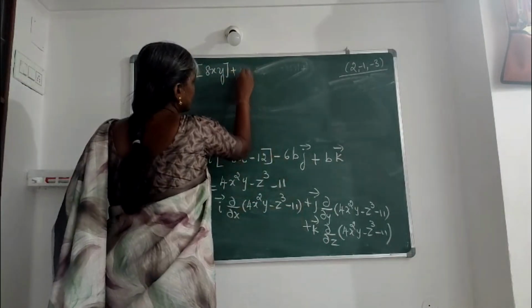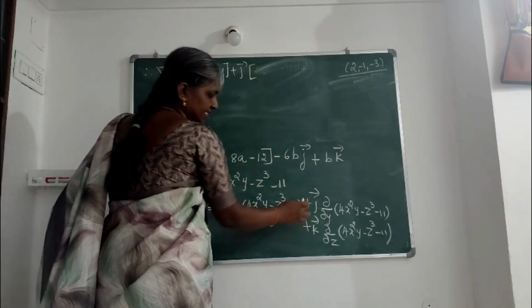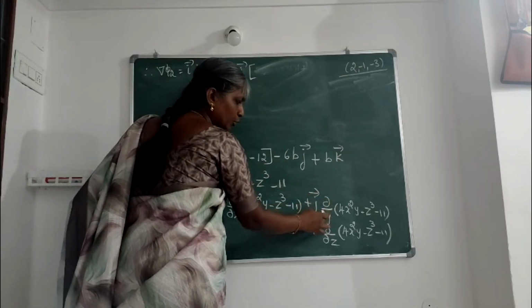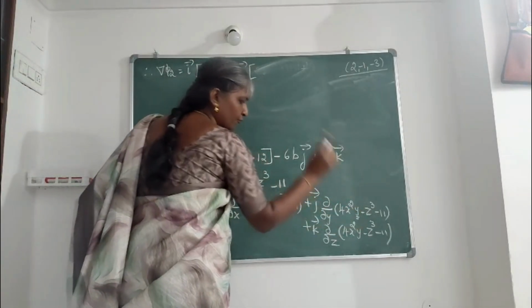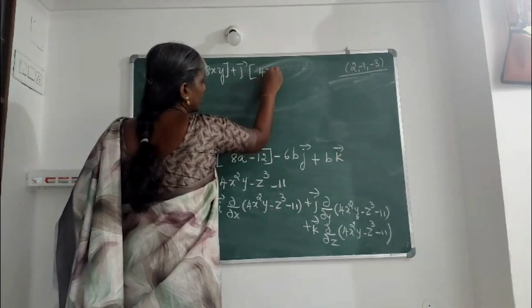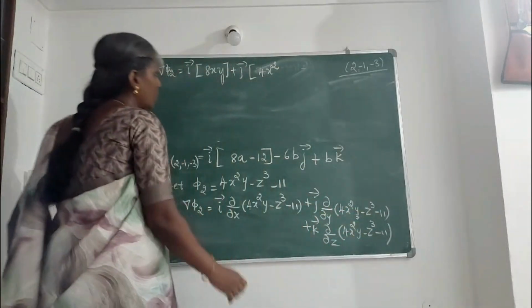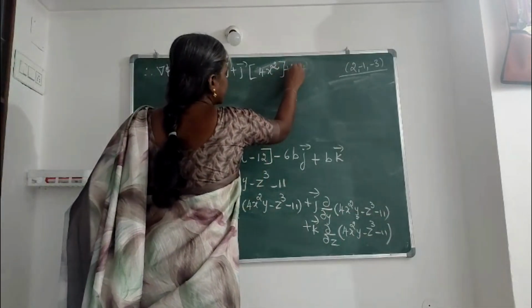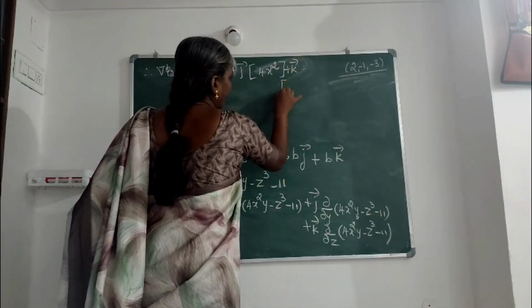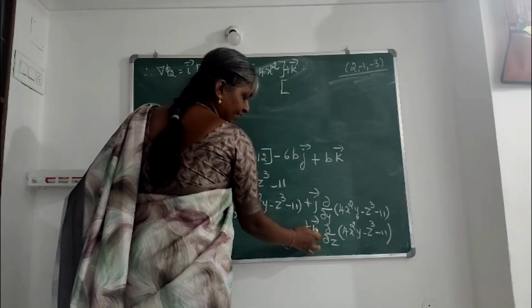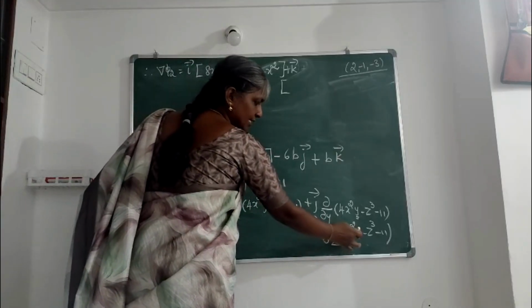Plus j vector into ∂/∂y of, the differentiation of y is nothing but 1, so here we are having 4x², and the remaining two terms become 0. Plus k vector into ∂/∂z of.